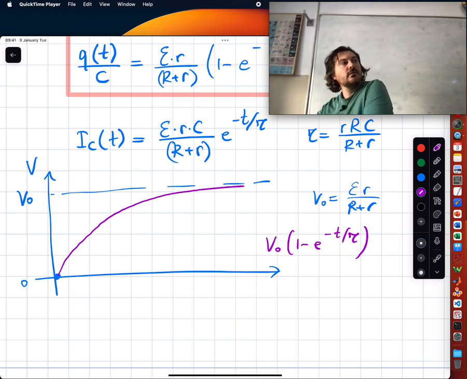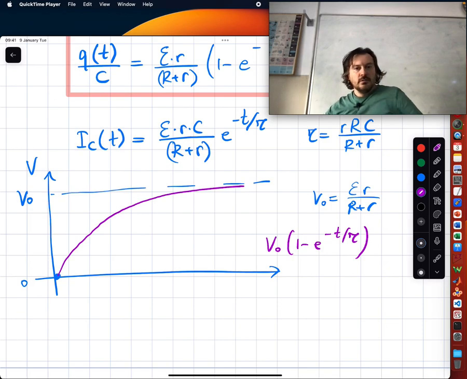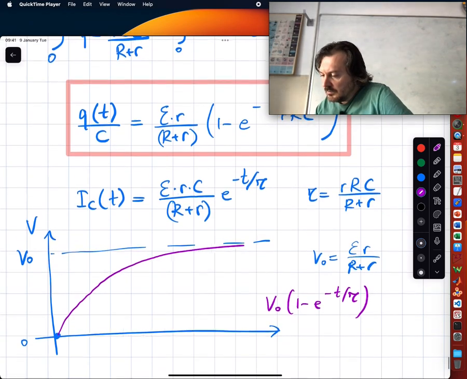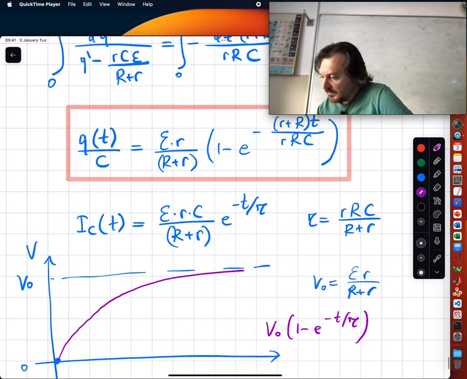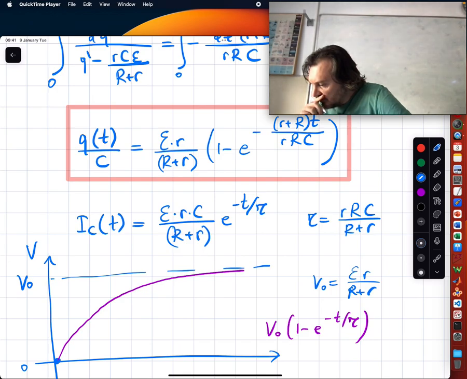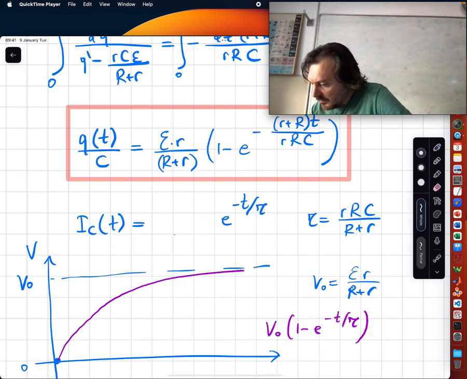Yes, Ali? It's the dimensions of the current equation, correct? Like, we didn't bring tau down there. Yes, something is wrong here. So let's see. Taking tau into account. Yes, that's right. So what do you get if you include tau? E over R?